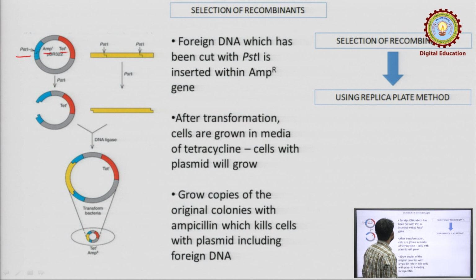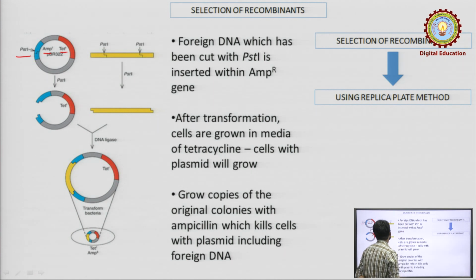So, what we will do, one restriction site is available in the ampicillin coding gene. We will cut that ampicillin gene and insert our gene into the ampicillin coding site.